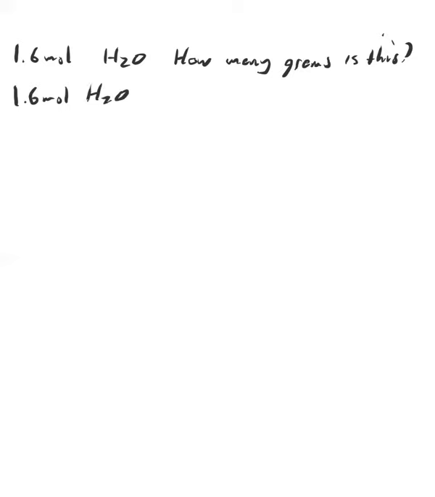Water is 2 hydrogens, 2 times 1.01, 1 oxygen, 16.00. Add those up, you get 18.02. So you'd multiply it by 18.02 grams of water for every mole of water. Okay, and that would give you the number of grams.